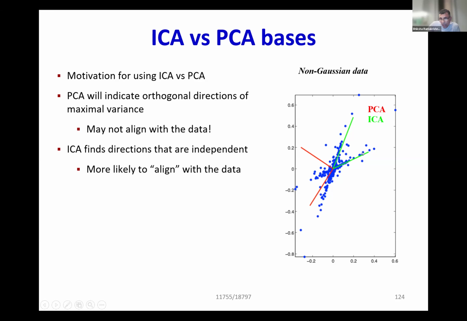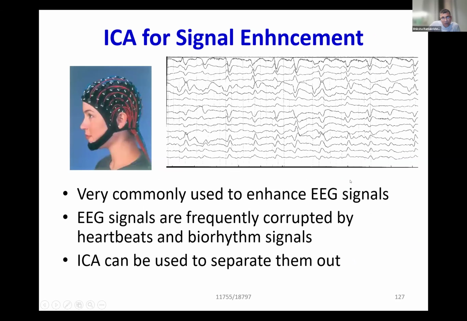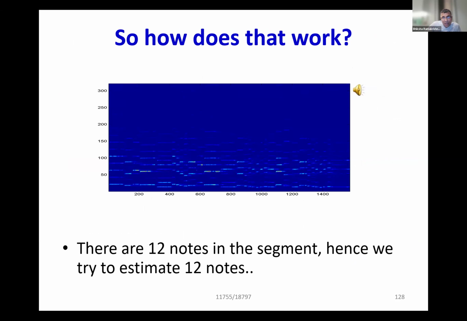ICA will actually pull out the individual sources as shown by these green lines. So ICA finds directions that are statistically independent, and it's going to align with the data. It's very commonly used in many kinds of signal processing algorithms, especially for EEG signals, where the signal gets corrupted by the movement of blood, heartbeats, and such like, and ICA can separate them out.